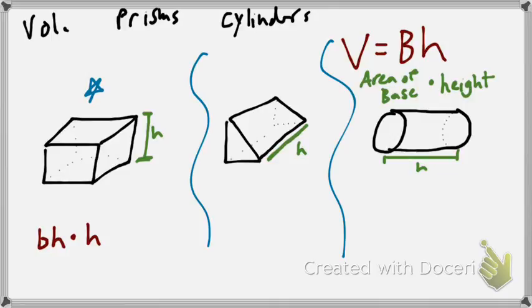Now this makes it confusing because I've got two H's, but they're going to be different things. Let me show you what you need to do here to make sure you don't get confused. This part right here is only talking about the base. So whenever you get to a volume or a surface area problem, the first thing you should do is redraw whatever your base is. I'll do the same thing over here. Redraw it off to the side.